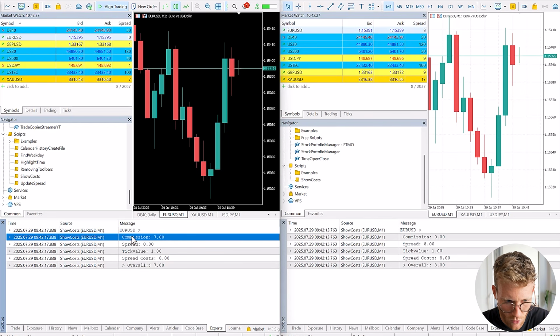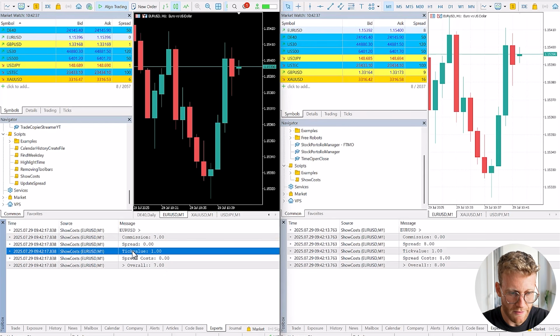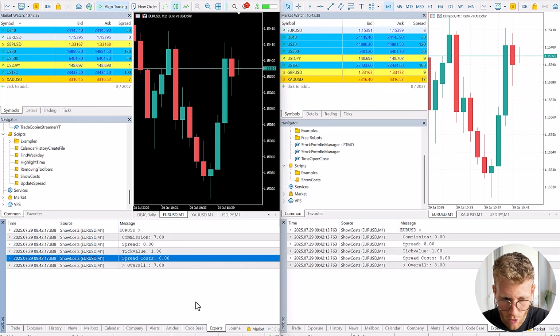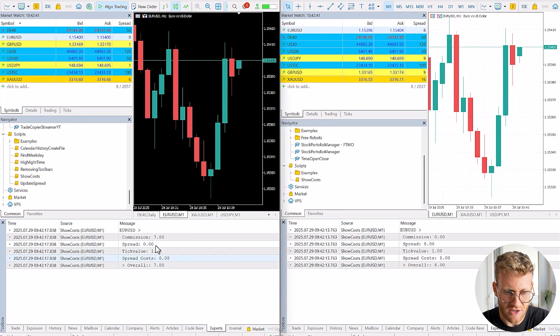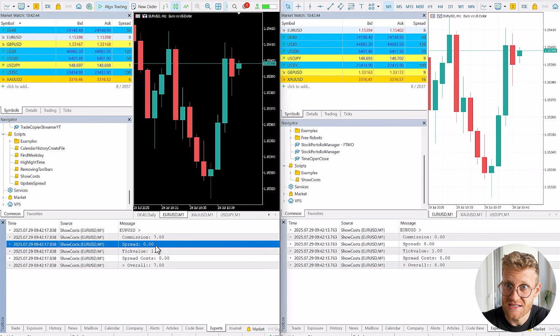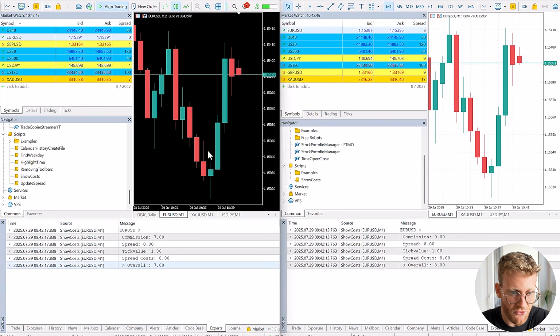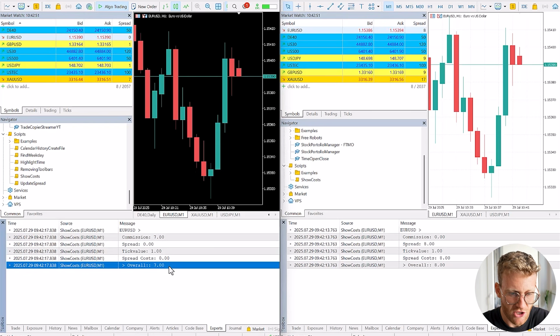You can see here we will pay a commission of 7 USD for one lot round turn if we trade EUR/USD. The tick value is 1 and the spread cost is 0, because at this point when I activated the script, the spread was indeed 0. So the overall cost for buying and selling one lot of EUR/USD is 7 USD.